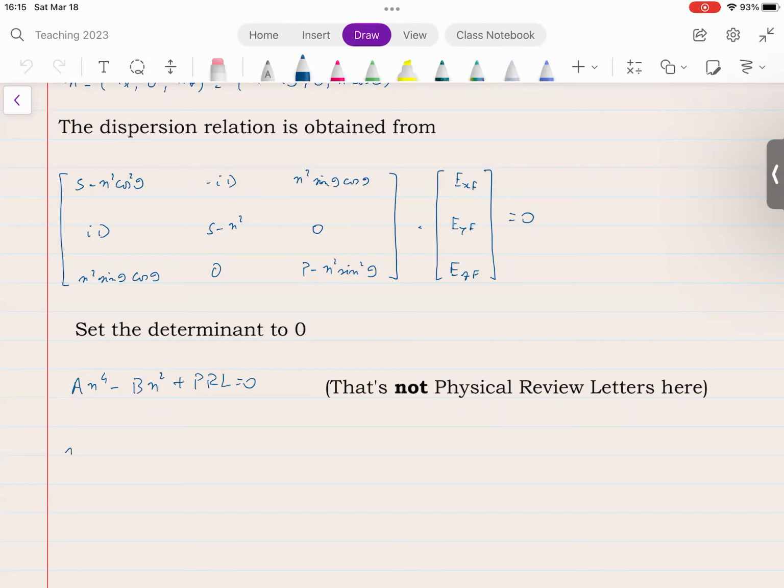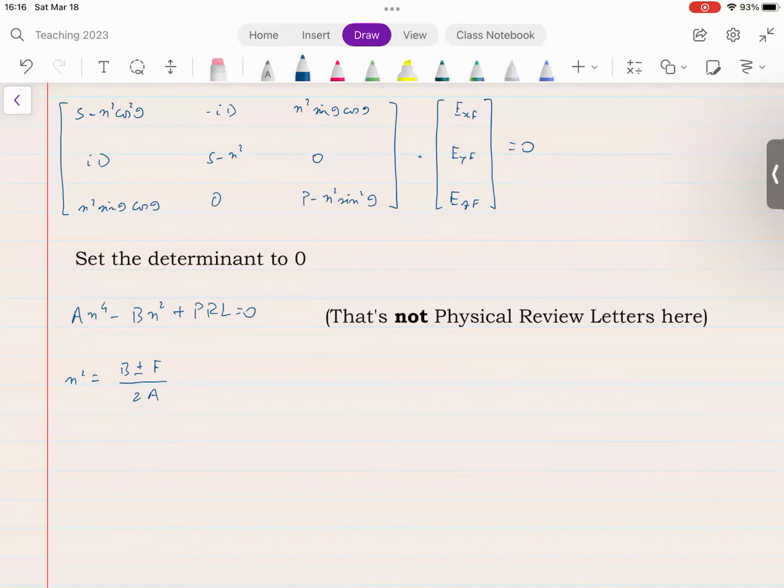The solution, well, just calculate n squared. It's going to be equal to B plus or minus F divided by 2A, where F is another expression that looks like this.